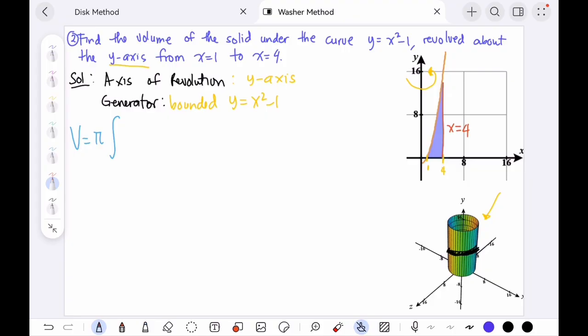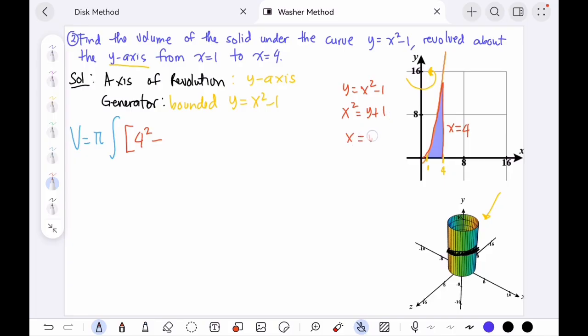So I have here 4 square minus the radius of the smaller circle when we revolve it with respect to the y-axis. And this is given by, let's solve that. We are given y equal to x squared minus 1. x squared is equal to y plus 1.